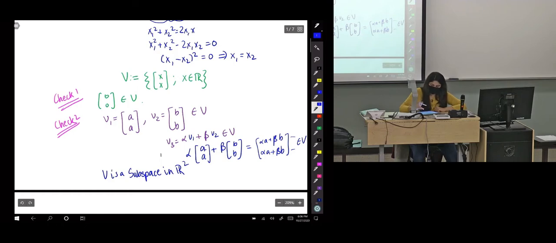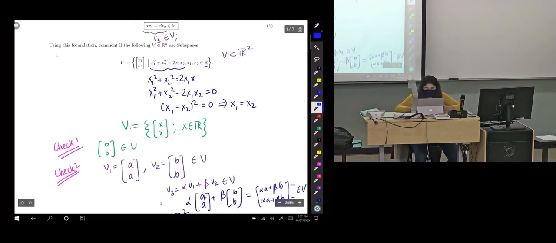But because the zero element checks out, we go on to look at the linear combination property.